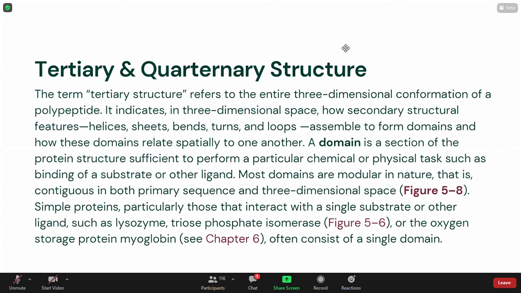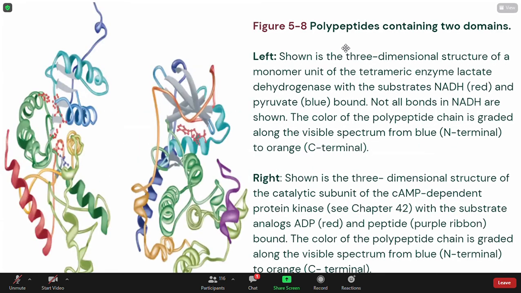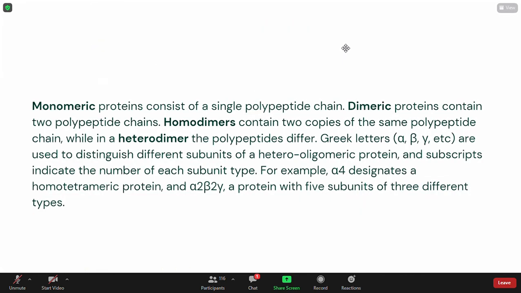Tertiary and quaternary structure. So monomeric, only one polypeptide chain, dimeric. Now, when you say homodimers, it is made up of two polypeptide chains, but the same, meaning two copies of the same polypeptide chain.